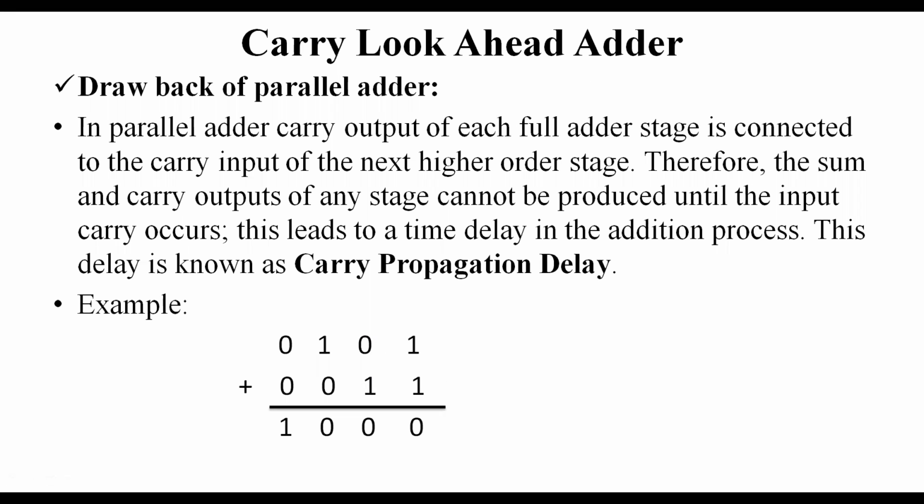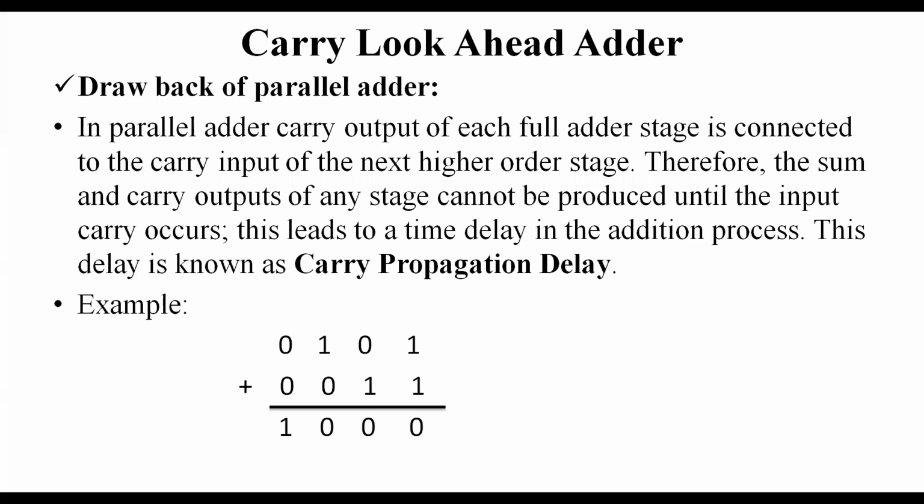Now this delay can be eliminated by using the circuit called carry look ahead adder. The carry propagation delay can be reduced by using the circuit called carry look ahead, and we are looking at the carry before the addition is performed.